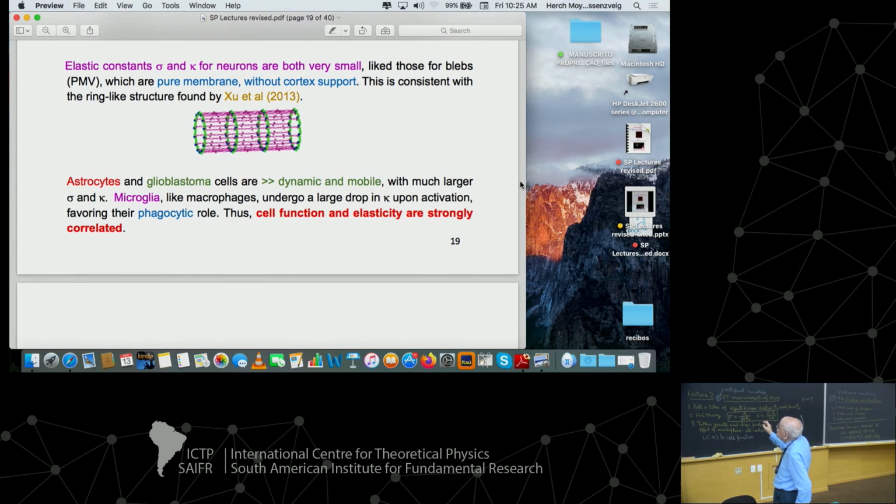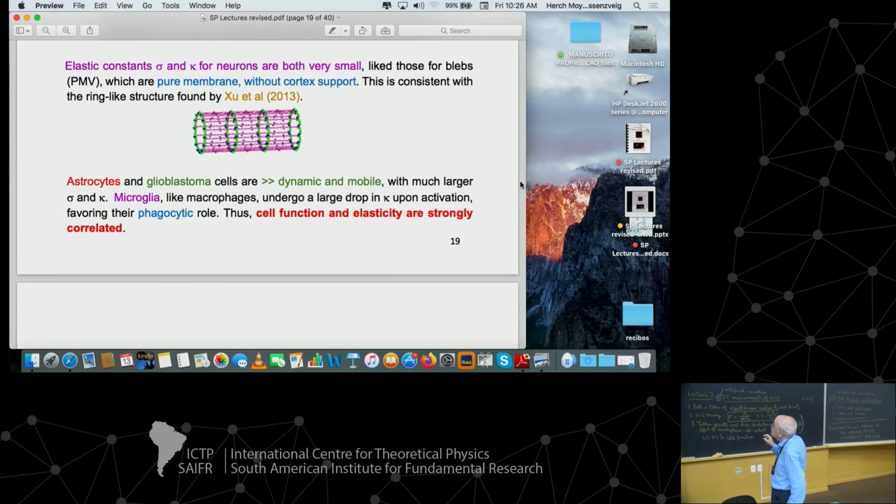And you see that instead of having a cortex, a kind of smooth curves like a mattress for the membrane, the actin is around in these circles, and therefore they are more similar to pure membrane.